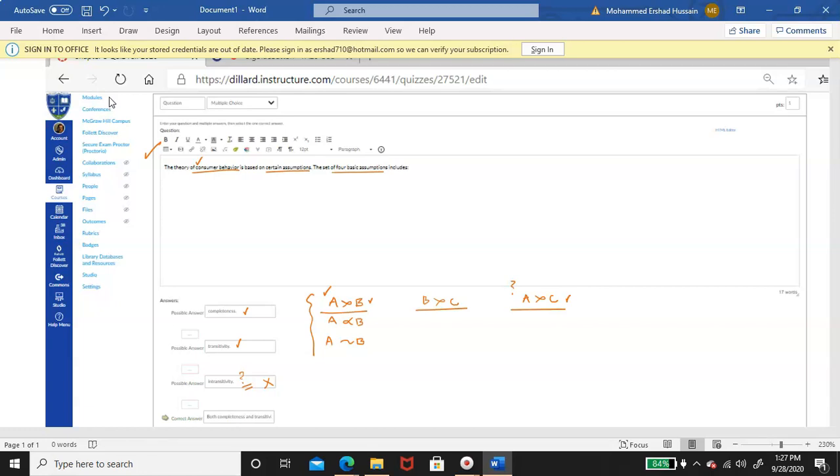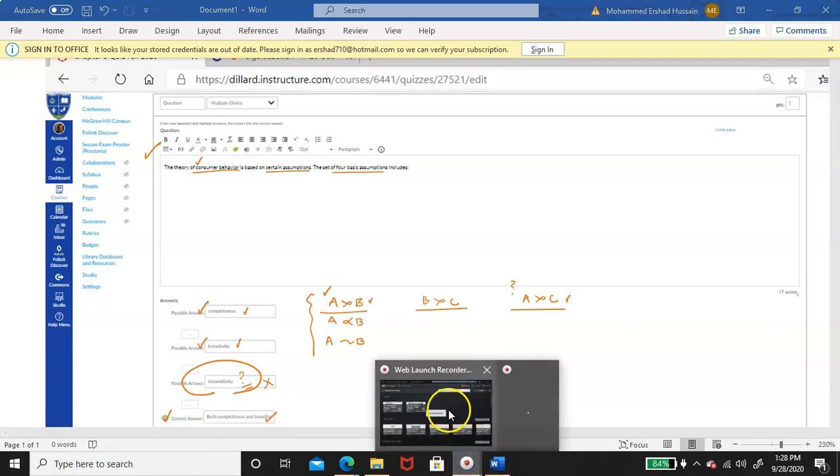Otherwise we get inconsistent results. As a result, the correct answer for this question would be that both completeness and transitivity are correct. Intransitive, no, we cannot allow that. Otherwise, if we do, we get inconsistent results. Okay.